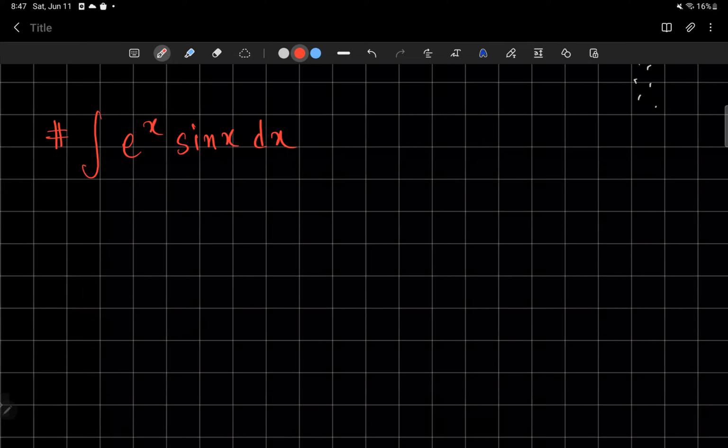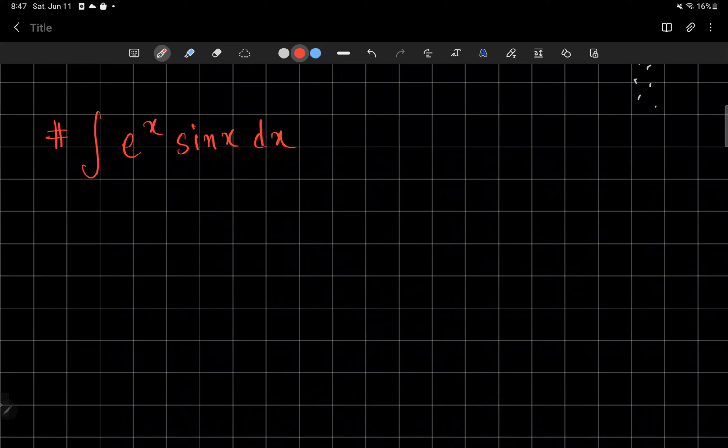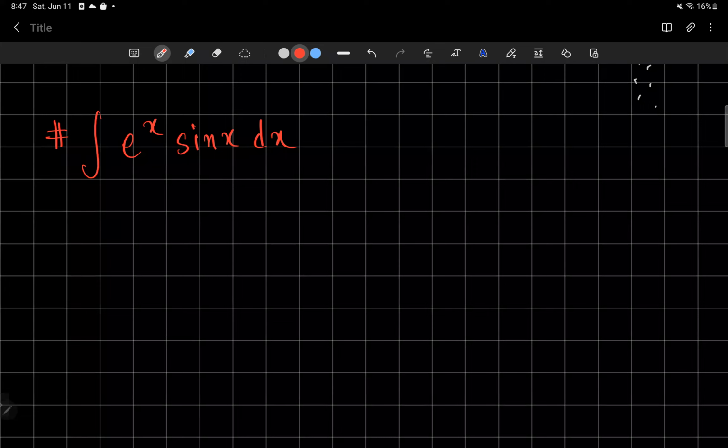We can use the UV rule here. Okay, but which one would you integrate first and which one would you differentiate? Sin x first. You want to integrate sine x first, and then differentiate e of x, right?